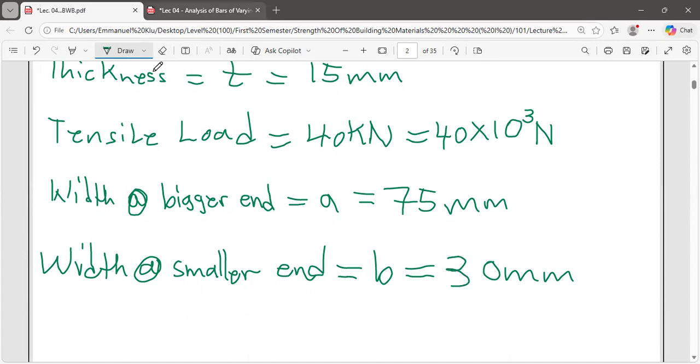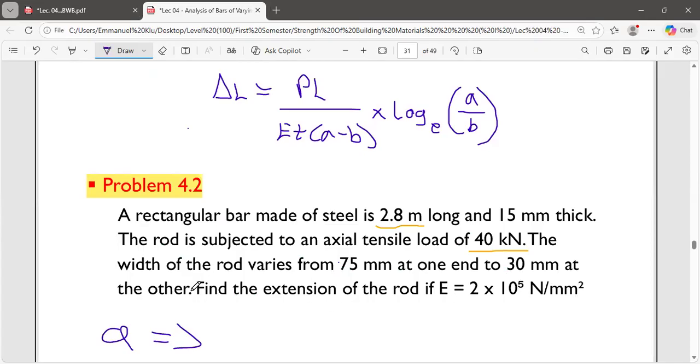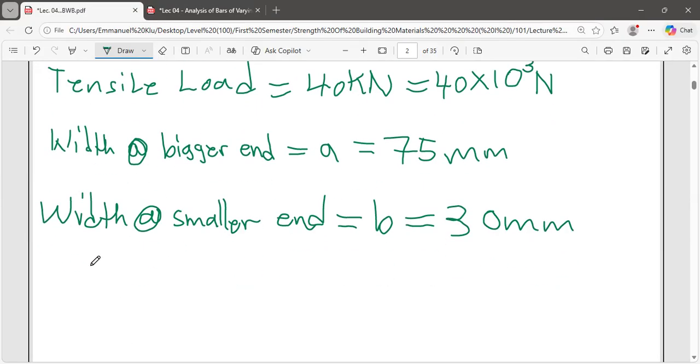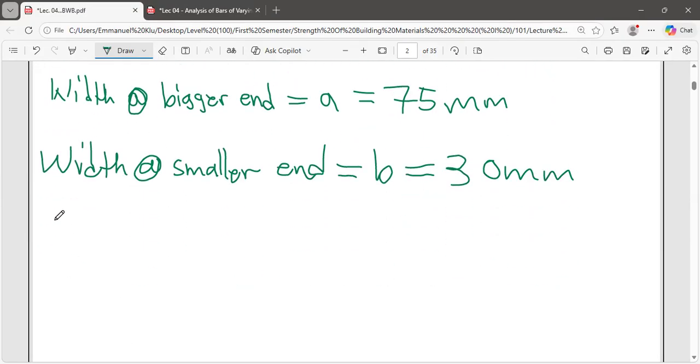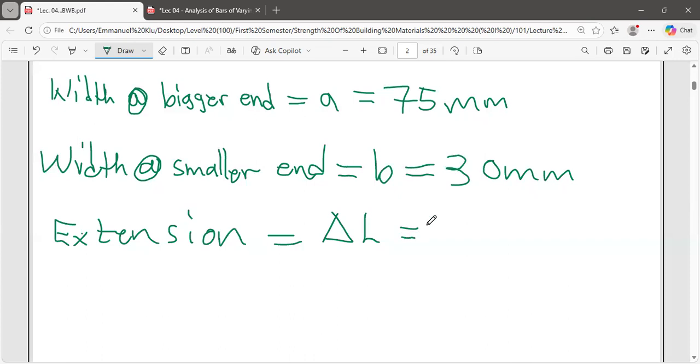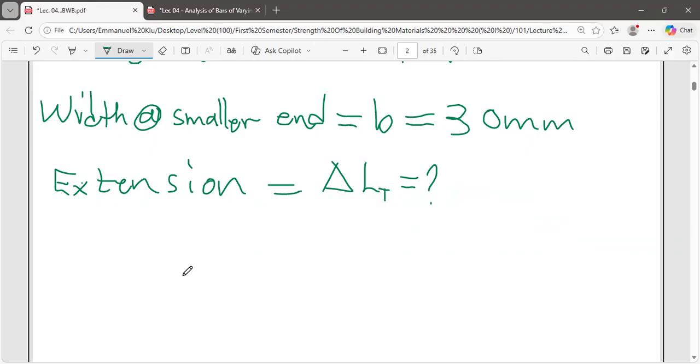So let's proceed. Find the extension of the rod if elasticity is equal to this. The extension of the rod is what we are being asked to calculate, which we don't know. The extension of the rod is the total change in length of the rod.